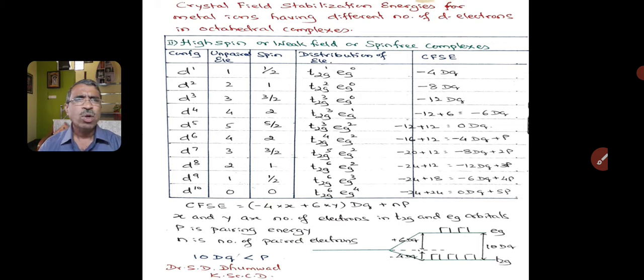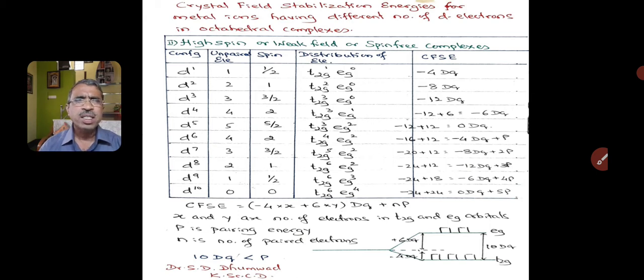When the electron goes into the EG, the CFSE becomes -12 plus 6, which is -6 dq. Similarly, for the D5 system, there are 5 unpaired electrons, the spin is 5 into 1 by 2, which is 5 by 2, and the distribution of electrons is T2G3 EG2. The CFSE is -12 plus 12, which is 0 dq.